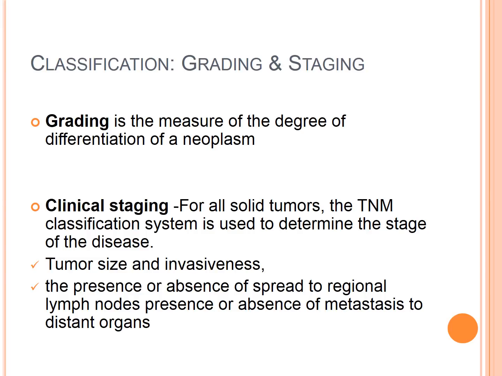So when you are looking at the grading, you're looking at how different those cells look in that tissue. So how abnormal do they look? Your staging. So with solid tumors, you can do the TNM classification system. That will look at the stage of the disease, so the tumor size, how many nodes are involved, and if it has metastasized somewhere else in the body.